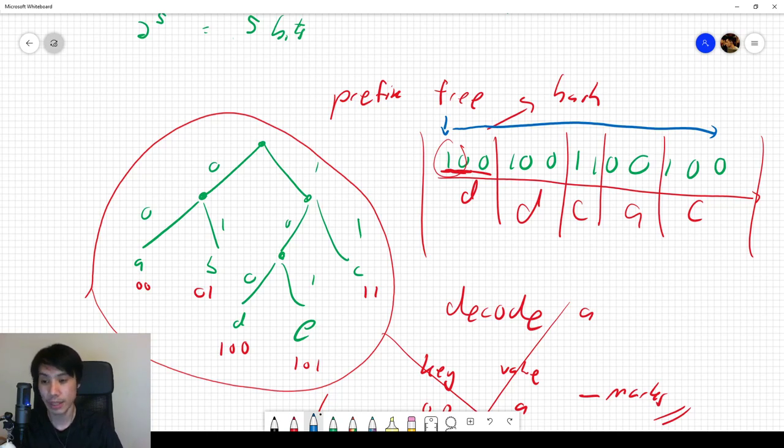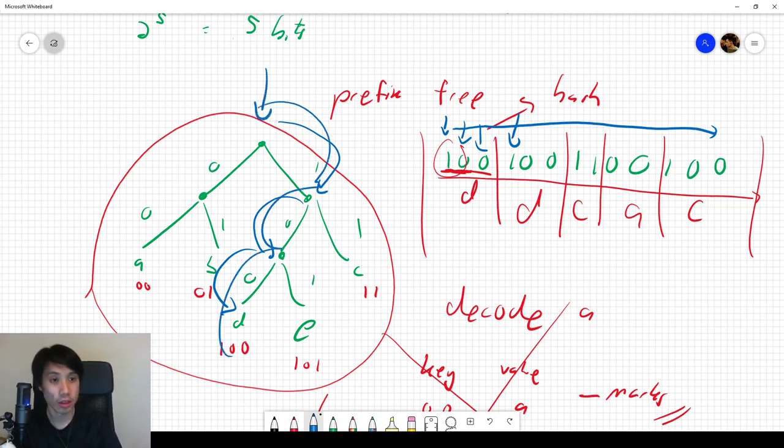Remember, slicing is very inefficient. All you need to do is just use a pointer and traverse. 1, 0, 0, finish, move my pointer, we start back from the root again, 1, 0, 0. So your pointer just moves, it doesn't slice. If you slice it, I'm going to slice your marks.